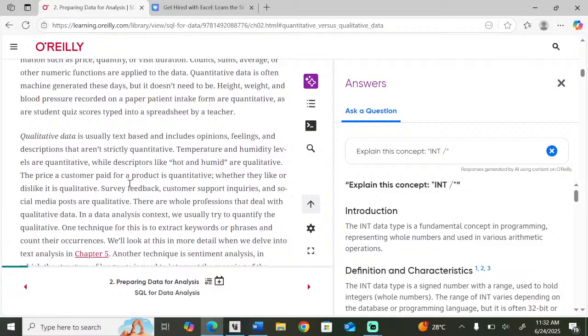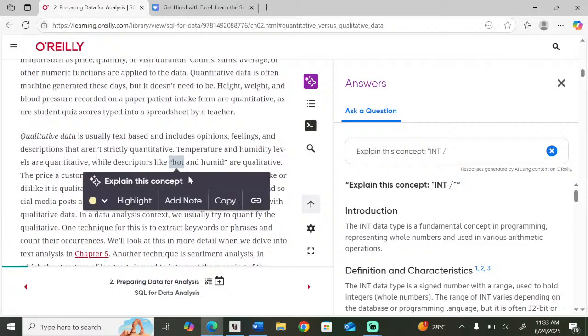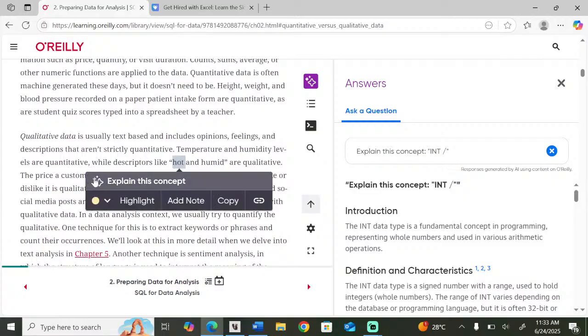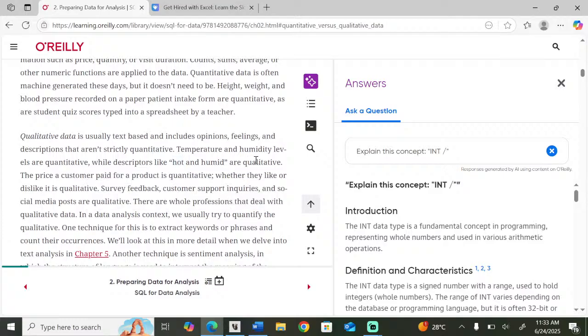Temperature and humidity levels are quantitative, while descriptors like hot and humid are qualitative. Qualitative is usually in text form. So if the temperature is 30 degrees Celsius, that 30 degrees Celsius is quantitative. But when you say it is hot, that is qualitative.